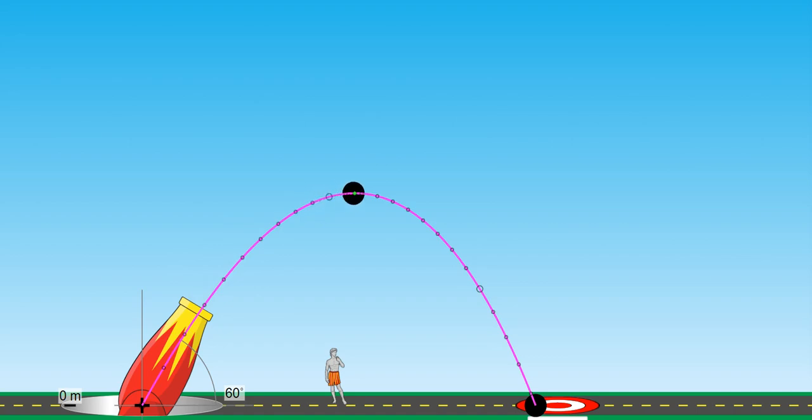Okay, there it is at the very top. If I bring in the velocity vector, you can see at the very top the ball is actually going straight forward. Right now the cannonball is off the ground, going straight to the right, and then it's going to hit the ground. Well, that's just a type 1 question.